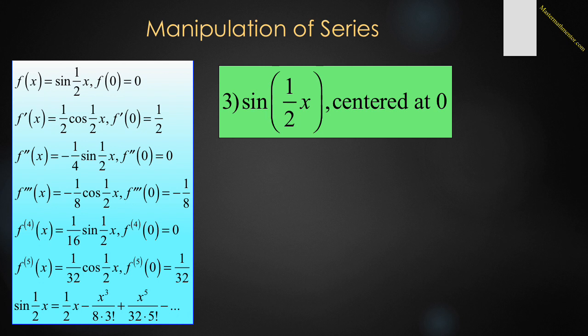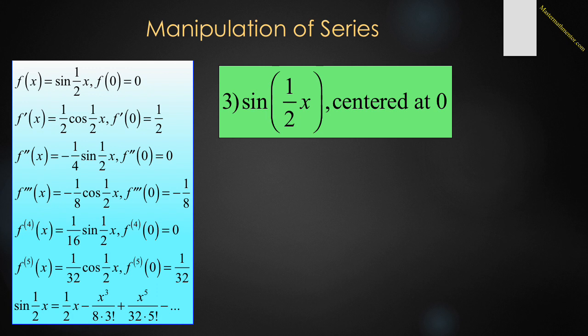The fourth derivative is 1/16 sine of 1/2 x, and the fourth derivative at 0 is 0. And the fifth derivative is 1/32 cosine of 1/2 x, and the fifth derivative at 0 is 1/32.